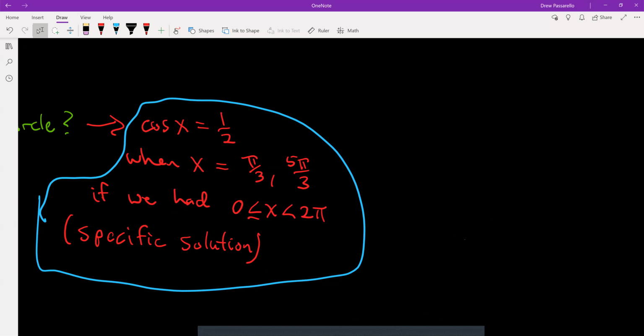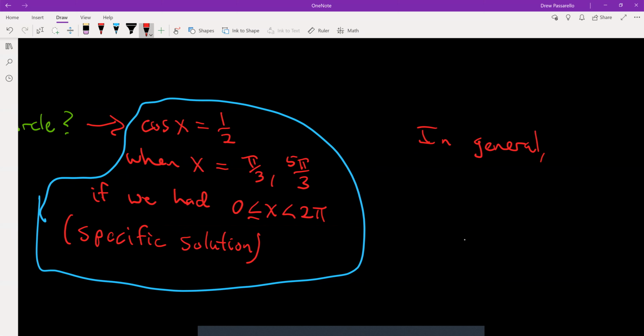But in general, we go an infinite amount of revolutions. A revolution means you go complete revolutions of 2 pi.